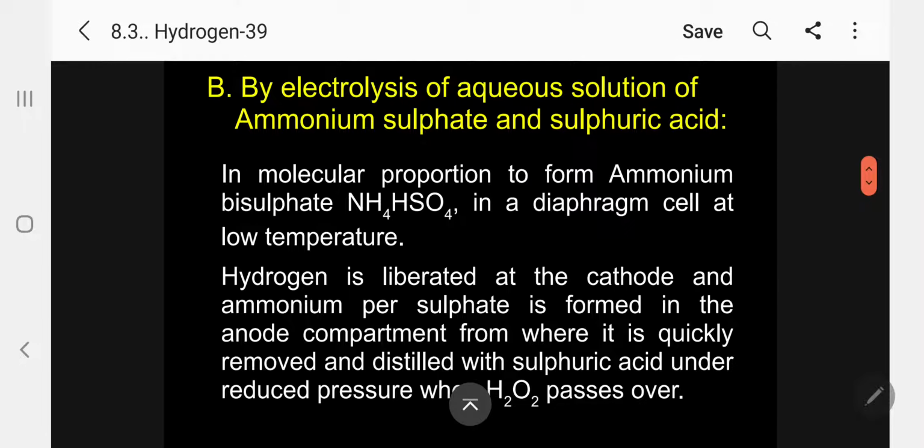The next method is by electrolysis of an aqueous solution of ammonium sulfate and sulfuric acid. In the first case, 50% sulfuric acid.